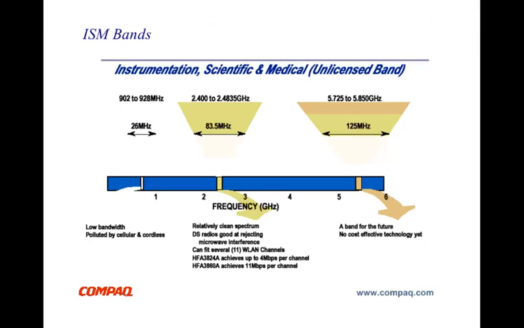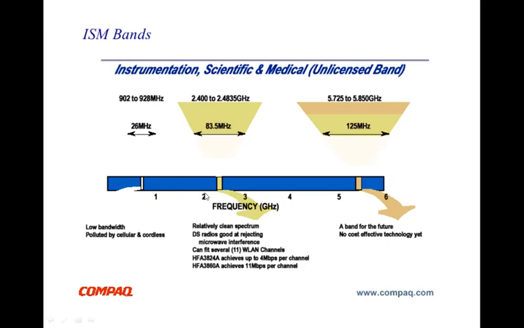Now, moving toward the next slide, that is the ISM band. ISM stands for industrial, scientific, and medical. That is an unlicensed band which is used for experimental purposes. If you have a look at the frequency ranges, we have a small band over here at 26 megahertz, and this band is 902 megahertz to 928 megahertz.